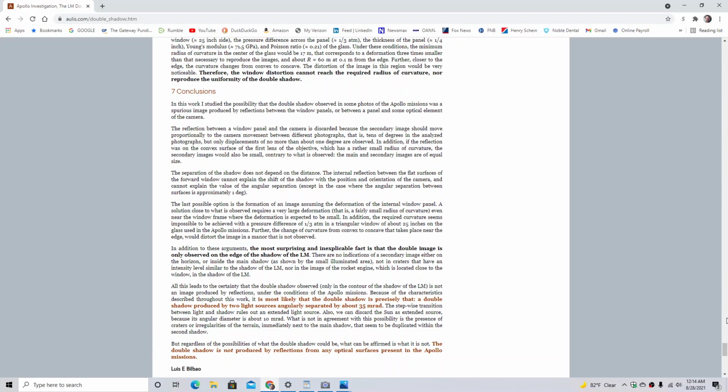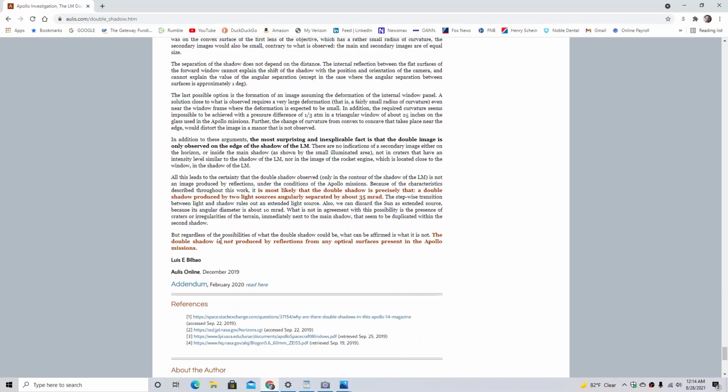Anyway, his conclusion: all this leads to the certainty that the double shadow observed is not an image produced by reflections under the conditions of the Apollo missions because of the characteristics described throughout this work. It is most likely that the double shadow is precisely that, a double shadow produced by two light sources separated by 35 milliradians.